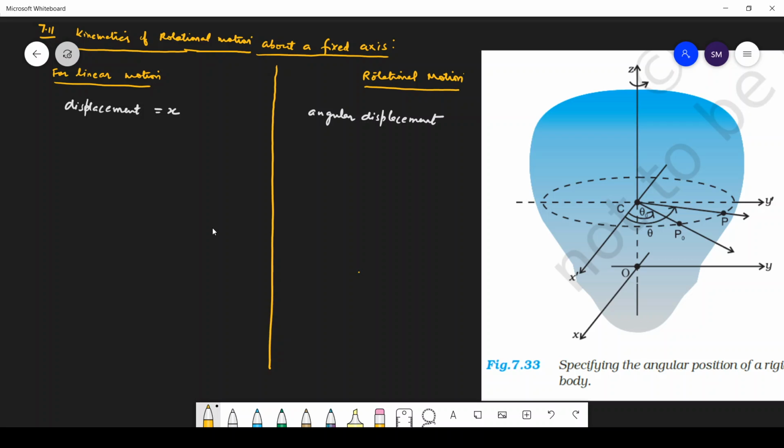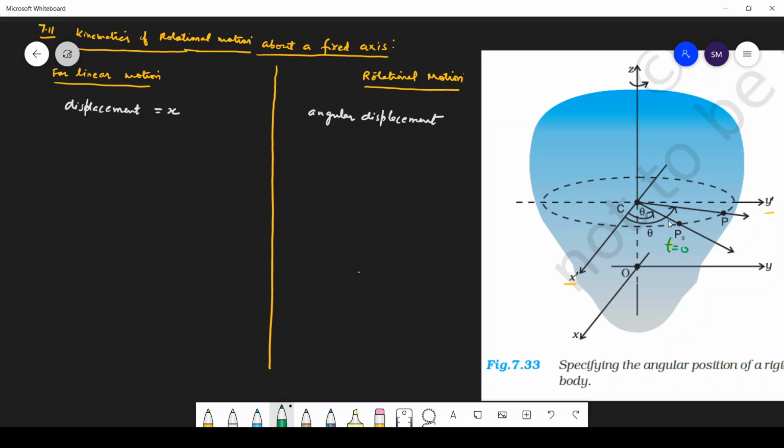So students, here we have this rigid body, and this is our origin O. This is the xy plane, and parallel to the xy plane is the x' y' plane, and along this plane I have a particle P. At time t equals 0, the position of the particle was here, P naught, already at an angle theta naught.